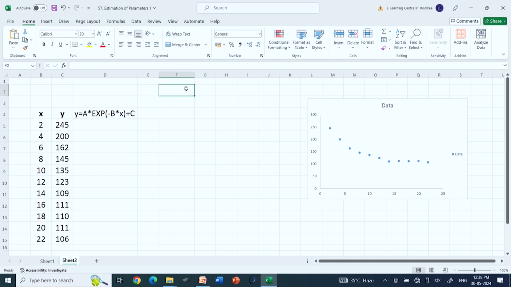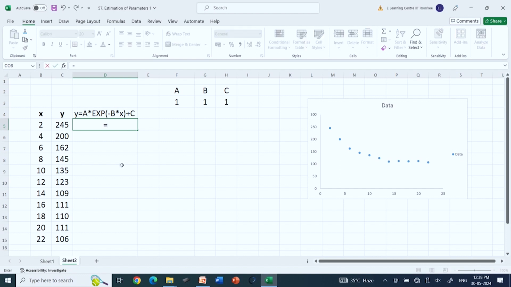I can get an initial value of these parameters, and generally we keep it simple. Let us choose them to be 1, 1, 1. Once you get the values, now I will calculate. So, this is the x values, this is the y values, the data, and this is the one we try to fit a curve to this data.